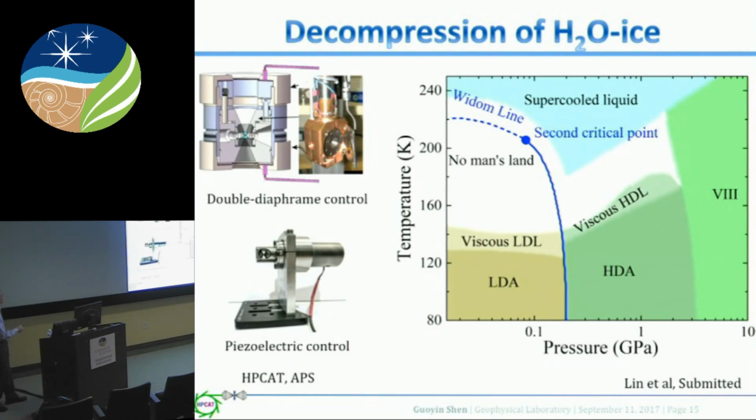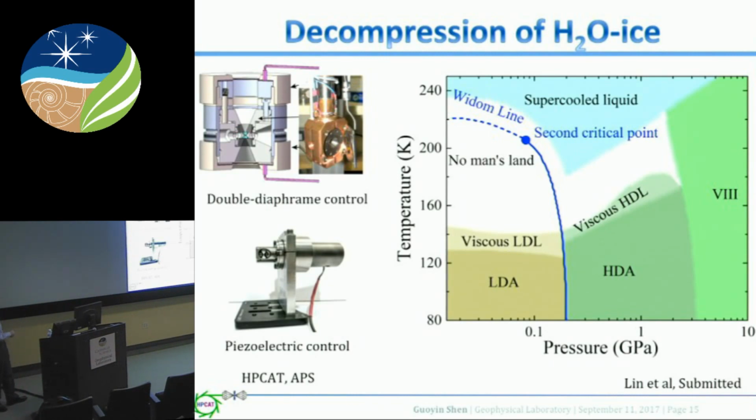This is compatible with putting the cell into a cryostat so that we can cool down and reach this temperature. And we also have developed a so-called piezoelectric control device. This is also compatible with a cryostat so that the compression or decompression rate can be even faster at controlled temperature regions.